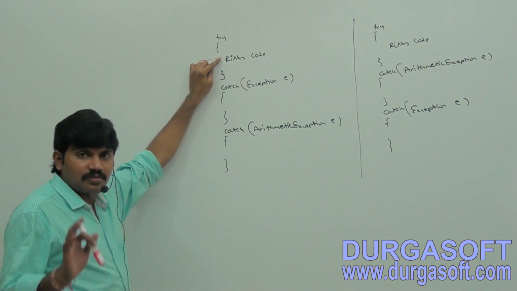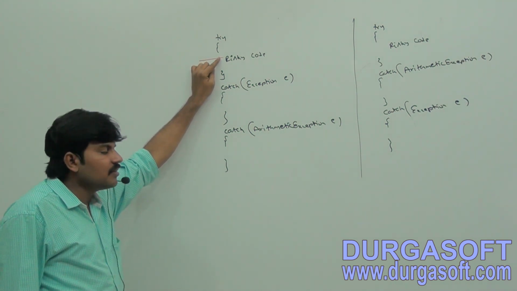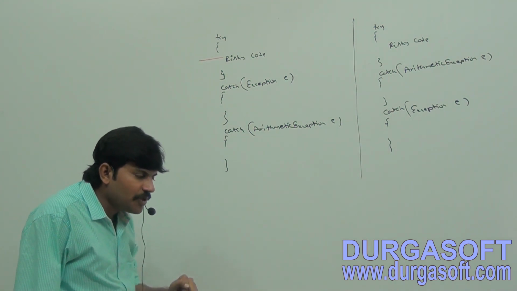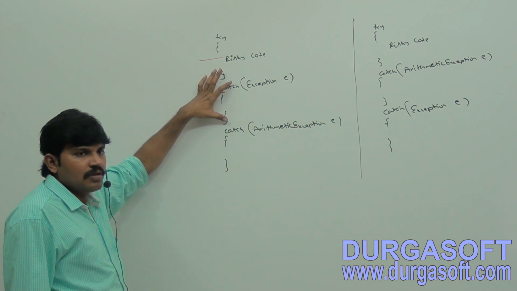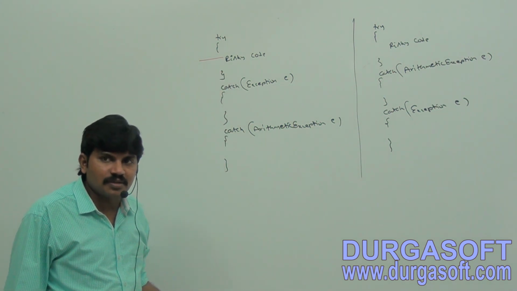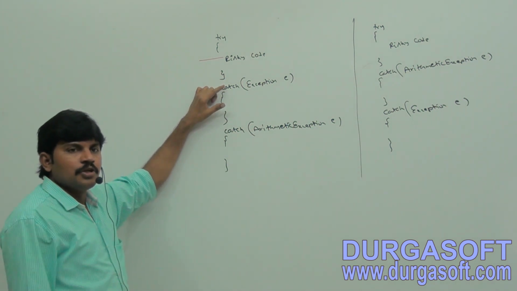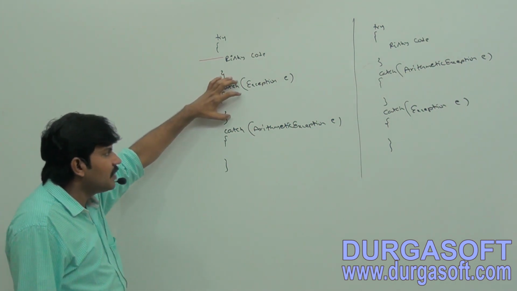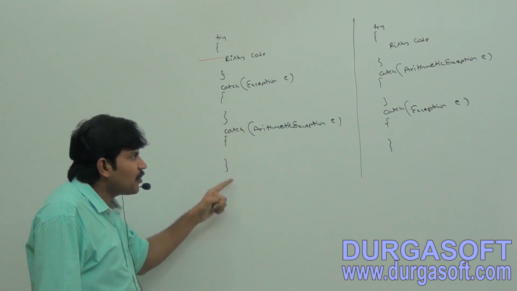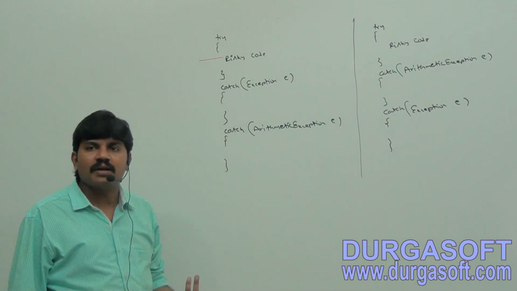Assume an arithmetic exception is raised. Now the JVM will ask the first catch block: can you handle arithmetic exception or not? What answer is this one going to tell? Yes boss, I can handle. If the arithmetic exception is also handled here, then when will this second one get the chance? Never.